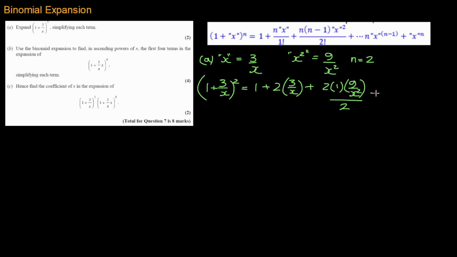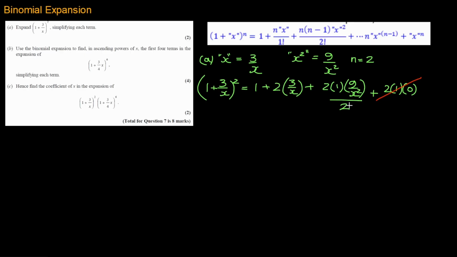Now, if we try to do the next term, what we would get is 2, 1, 0, that is n, n minus 1, n minus 2. So the whole thing would go to 0, because we've got a positive power up here, so the series has terminated.